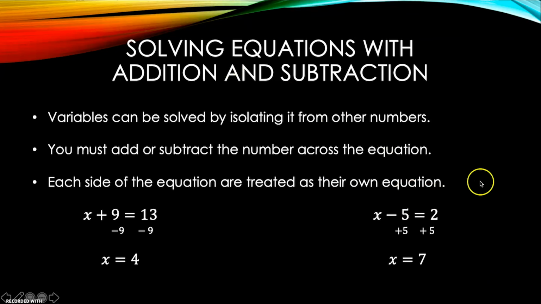And let's say X is how many hours you spent, and the 2 is how many hours you have left. Oh, I'm sorry, got that backwards. X is how many hours you were allowed, 5 is how many hours you spent, and 2 is how many hours you have left.